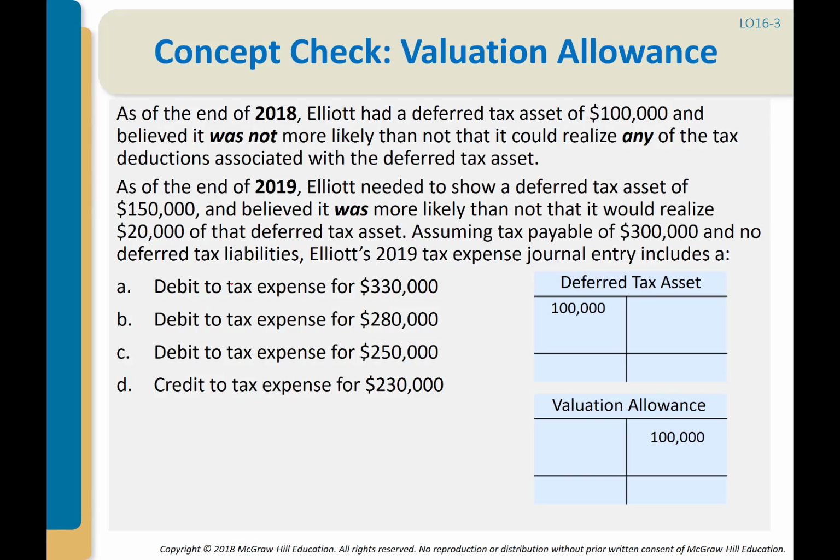Okay, so you come over to valuation allowance. Let's take a look at this question here. They tell us that we have a deferred tax asset of $100,000 at the end of 2018, and believed it was more likely than not that it could not realize any of the tax deductions associated with the deferred tax asset.